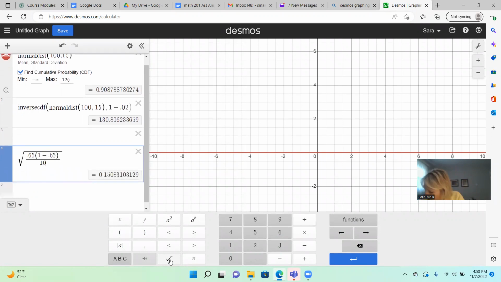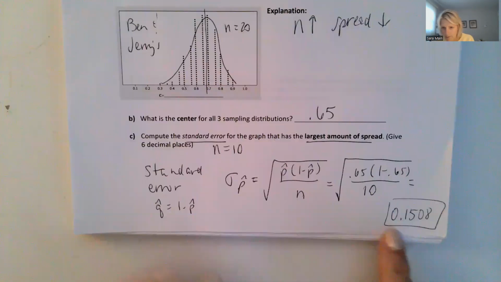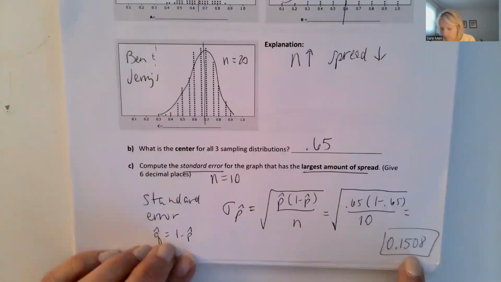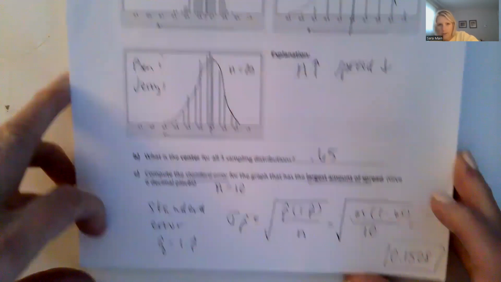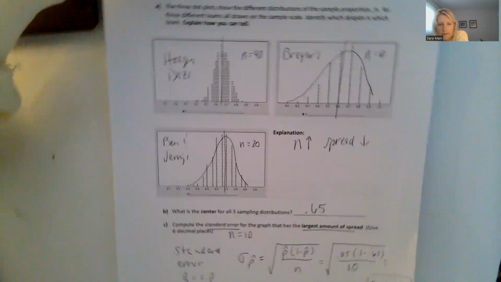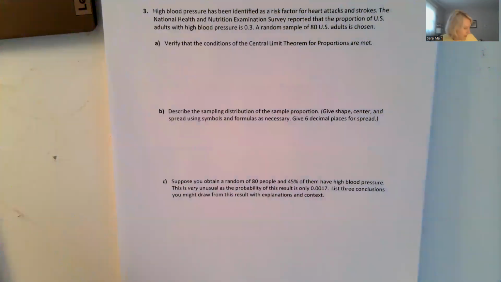And so the standard error for the Breyers ice cream experiment is 0.1508. There it is on my paper down here to the bottom right. So the big takeaway is that as sample size increases, the spread decreases.